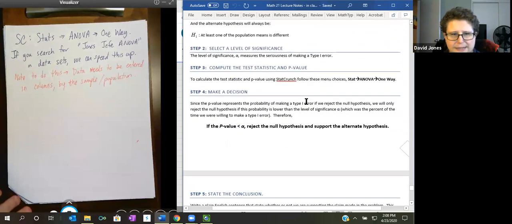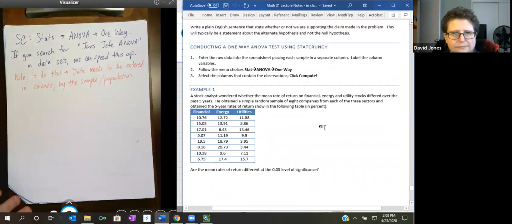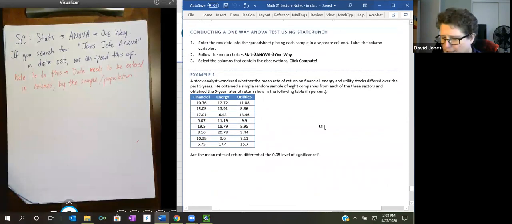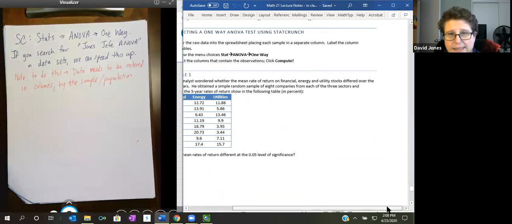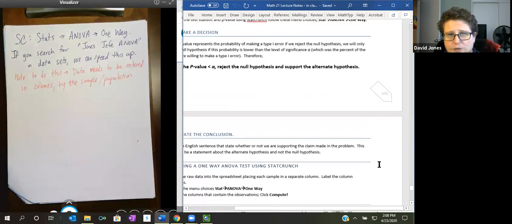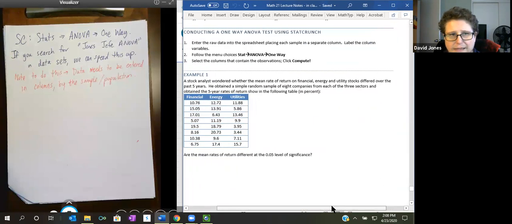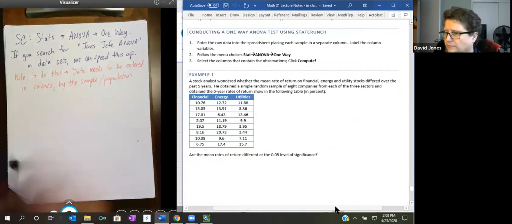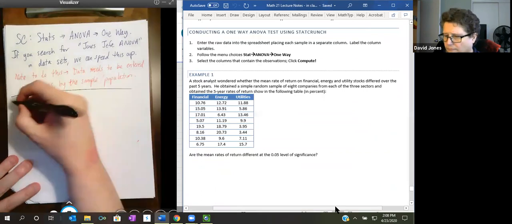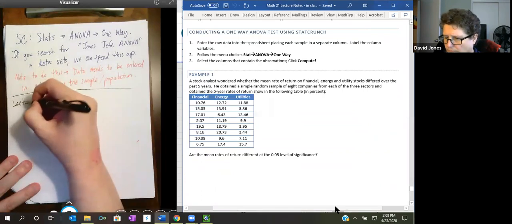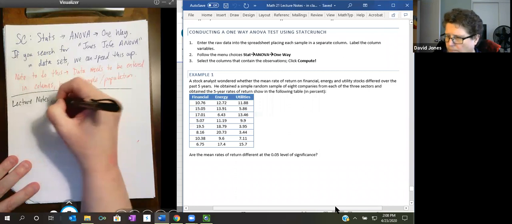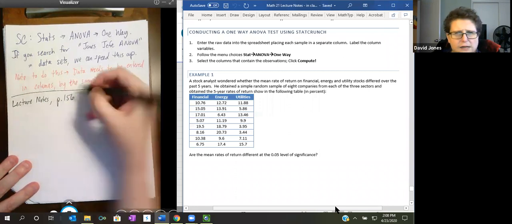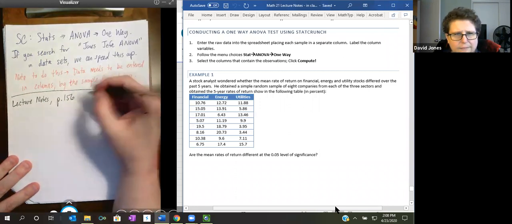All the other steps stay the same. And the first problem we're going to take a look at is on what page? Page 156. This is the money problem.